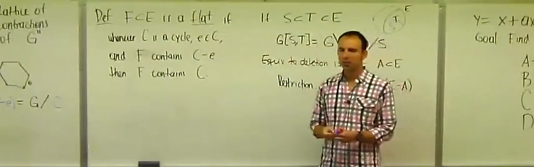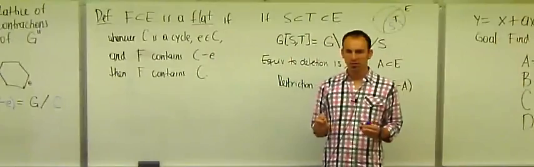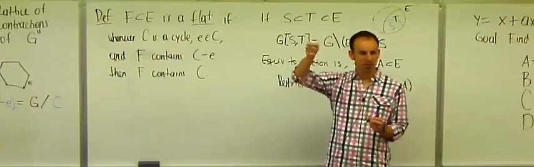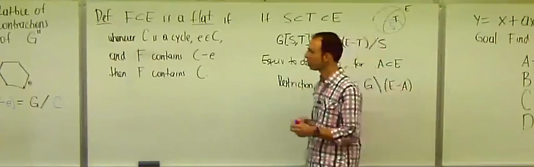So a flat is going to be a set such that if you contain everybody in a cycle except for that last edge, then you also contain that edge. Okay?